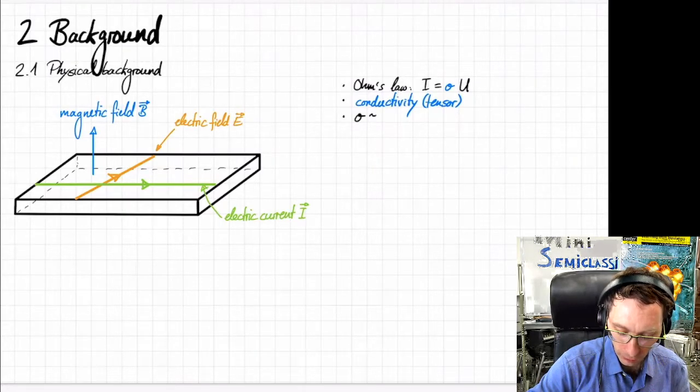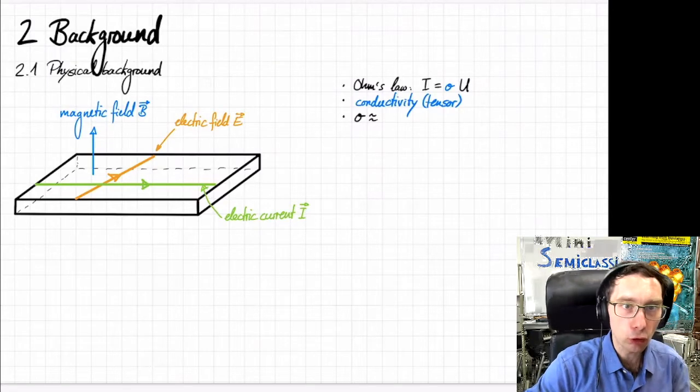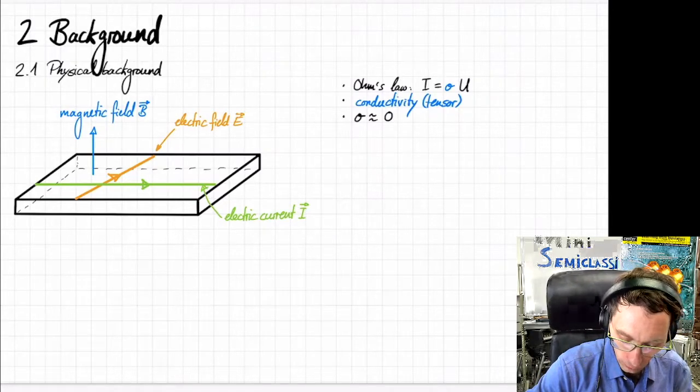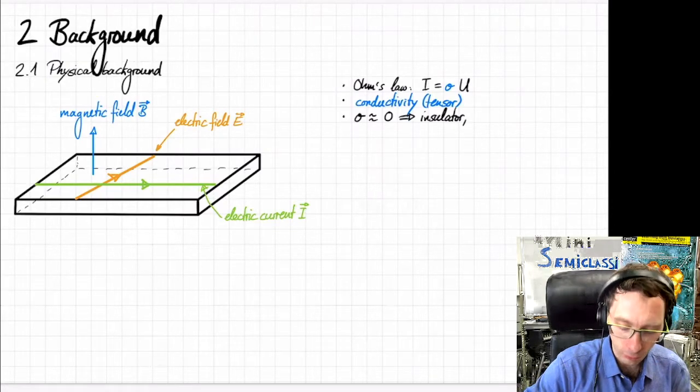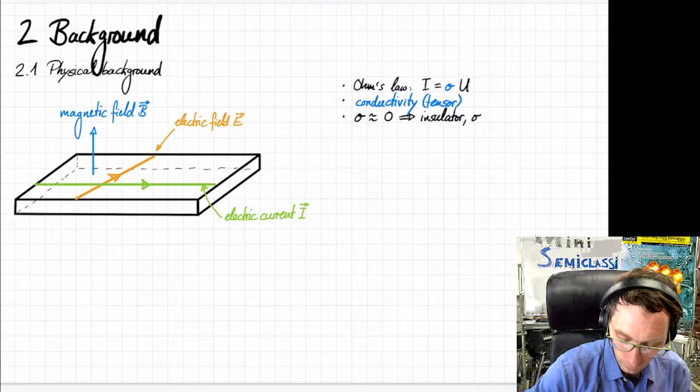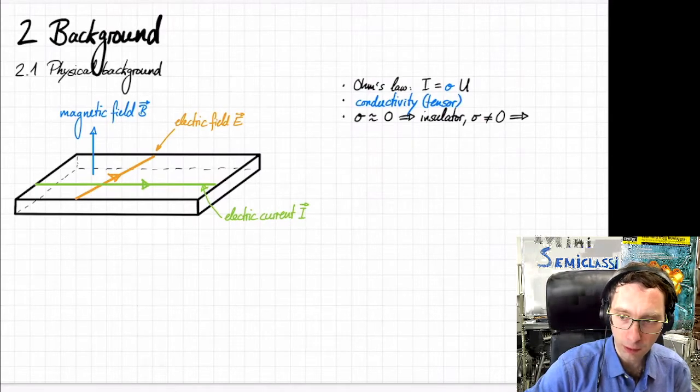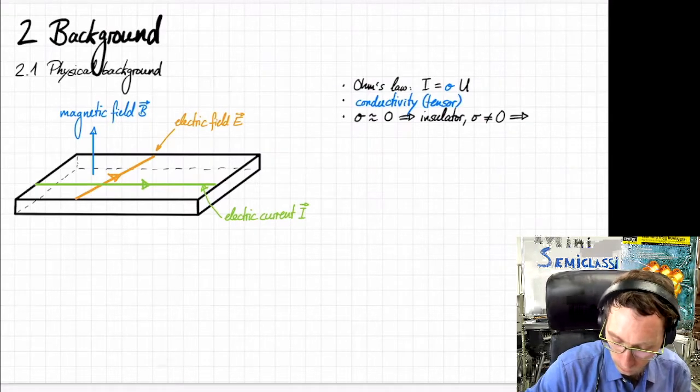If the conductivity is, to good approximation, 0, we are dealing with an insulator. If the conductivity is non-zero, then we're dealing with a metal.